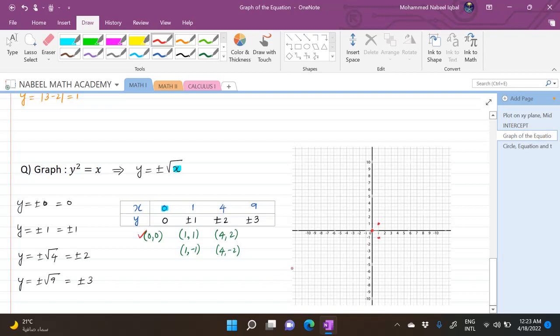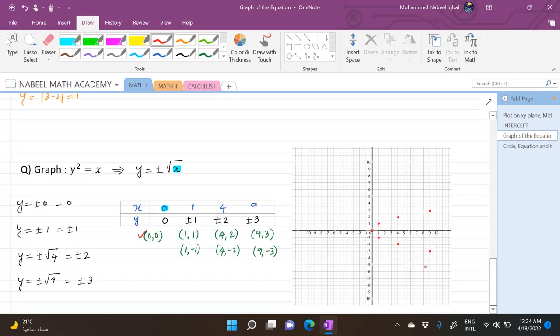Now (4, 2): x equal 4, y equal 2 here. x equal 4, y equal minus 2 will be here. And then we will take x equal 9, y equal plus 3, and x equal 9, y equal minus 3.